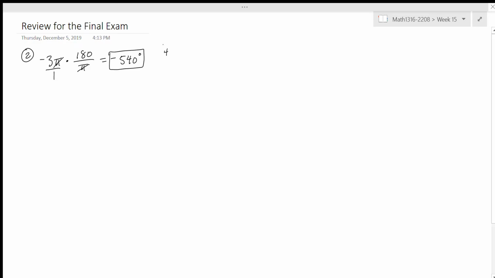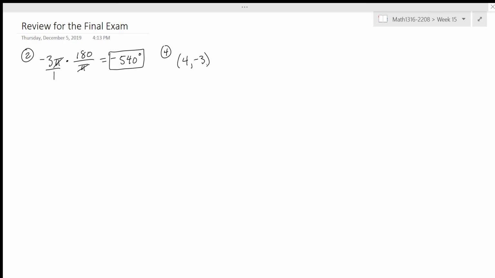Okay, number 4. Okay, it says a point on the terminal side of an angle is given. Find the exact value of each of the 6 trigonometric functions. We're going to have to find all 6 trig functions, and the only thing we have is a point.